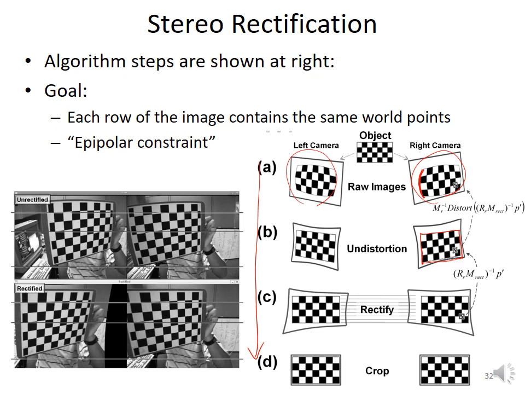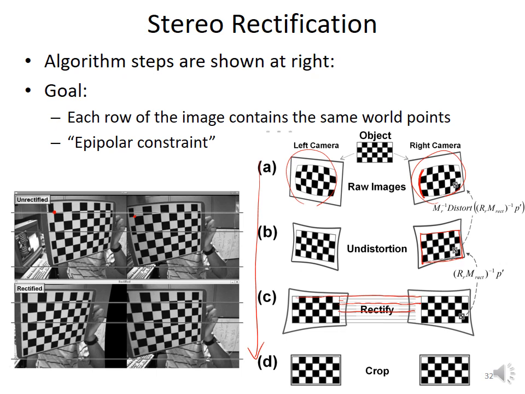By calibrating the stereo camera, we set the same height for corresponding points. For example, in the original image, this point and this point are not at the same height, right?